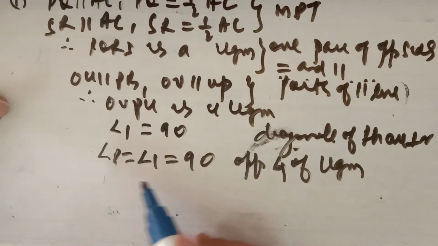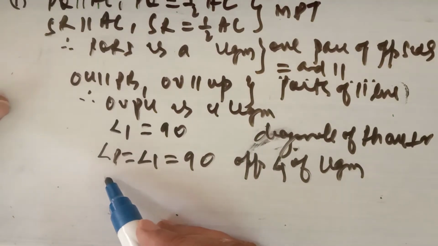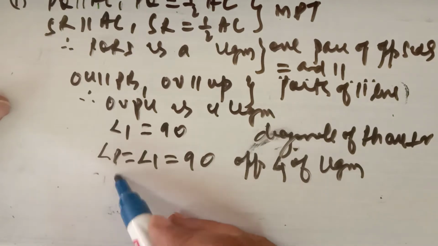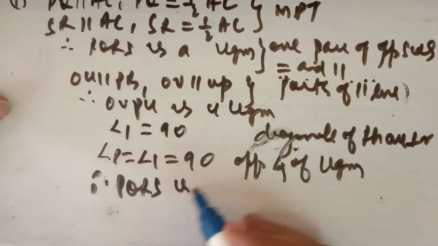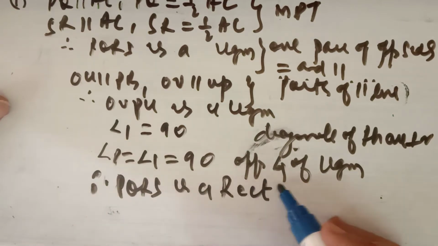So for PQRS, I proved that one of the angles is equal to 90 degrees. Therefore PQRS is a rectangle. Why?